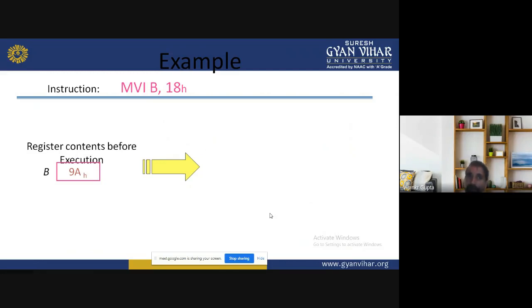In the example, B already has 9AH, and 18H will be transferred to the B register. So 9A will be overwritten with 18H, and the B register value will be 18H. That is the meaning of this instruction.